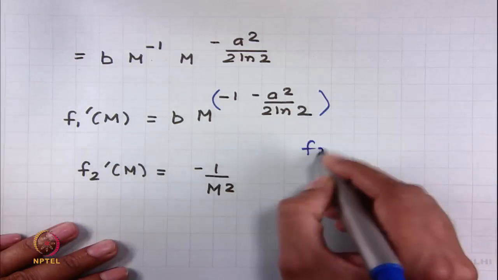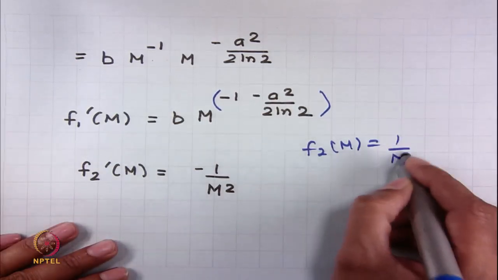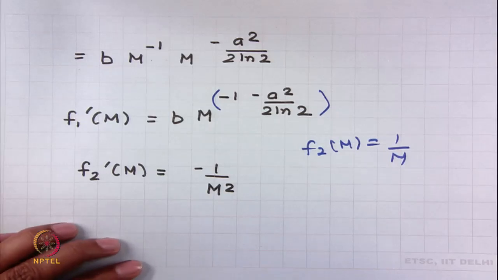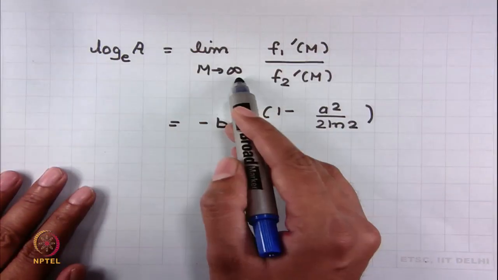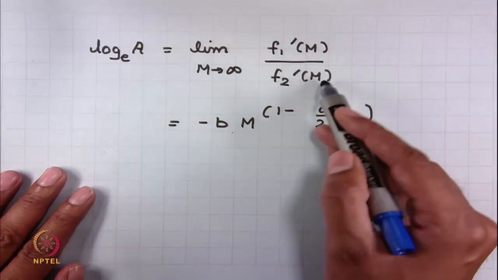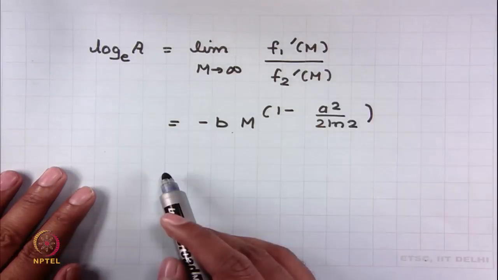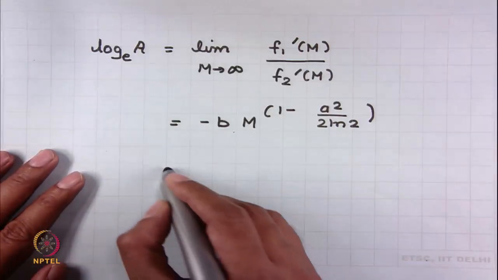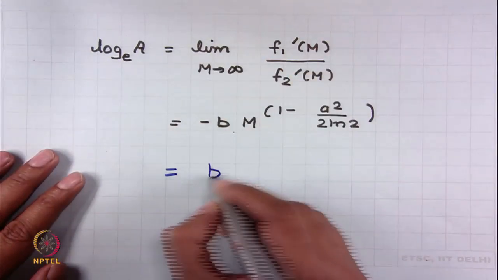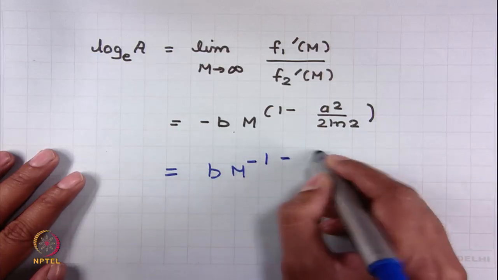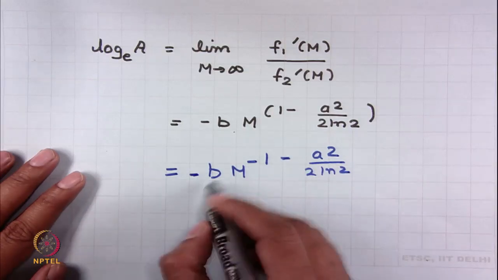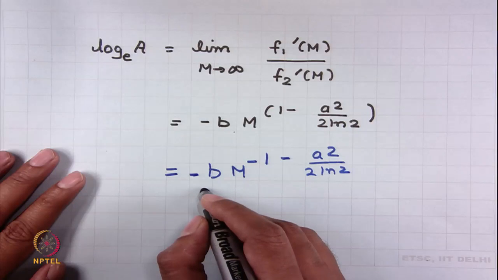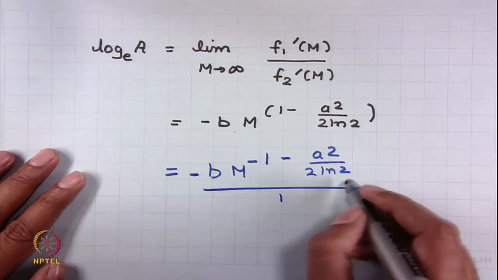What was f2 m? f2 m was really simple, 1 by m. So, this derivative is simple, minus 1 by m square. Now, what is this ln a? ln a is limit when m tends to infinity, f1 dash m divided by f2 dash m, and this if you work out, we have seen that this is b m to the power minus 1 minus a square by 2 ln 2, and that was minus 1 by m square.